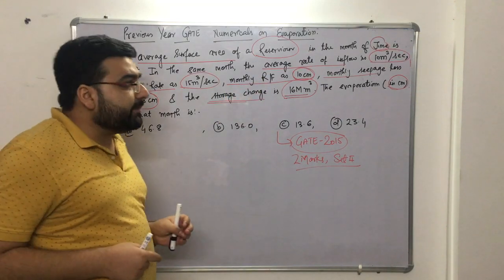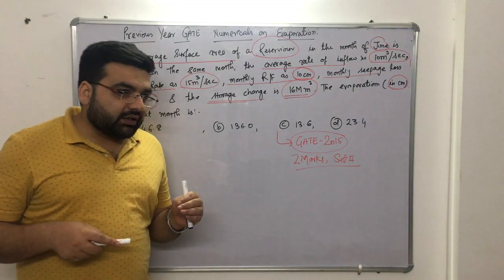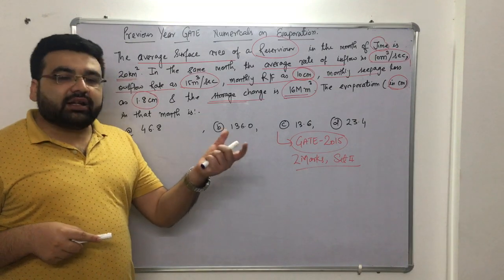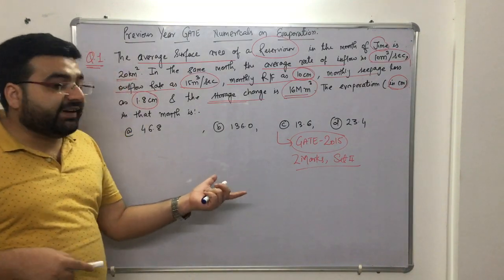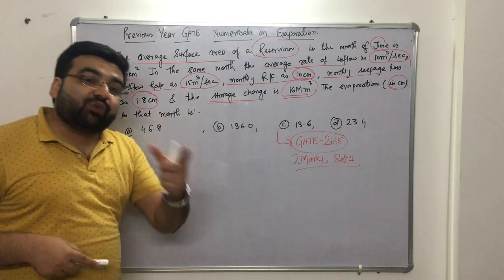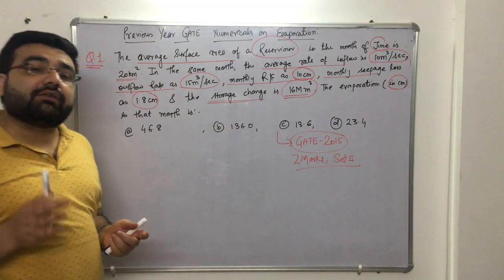I told you that when you are calculating evaporation, two methods were there initially, the lysimeter method and the field plot data. This question will be solved by the field plot data, which is based on the water budget equation, right? So if you know the water budget equation, this question is just a cakewalk for you.